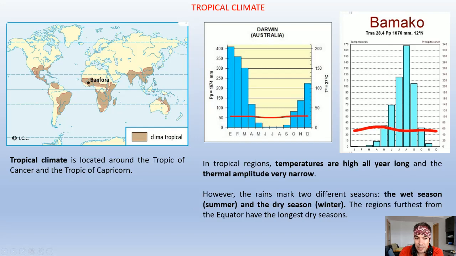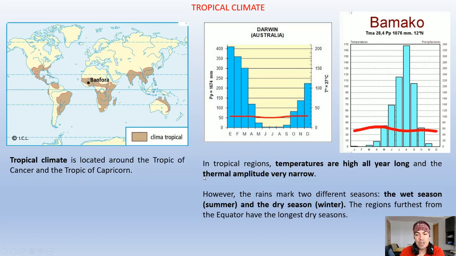Remember that Australia here is in the southern hemisphere, so the summer is in January, February, and March. Here, Bamako, which is in the northern hemisphere, the summer is in June, July, August, and September. So this is the wet season. And the rest, the dry season, is here, the winter here, and the winter here.